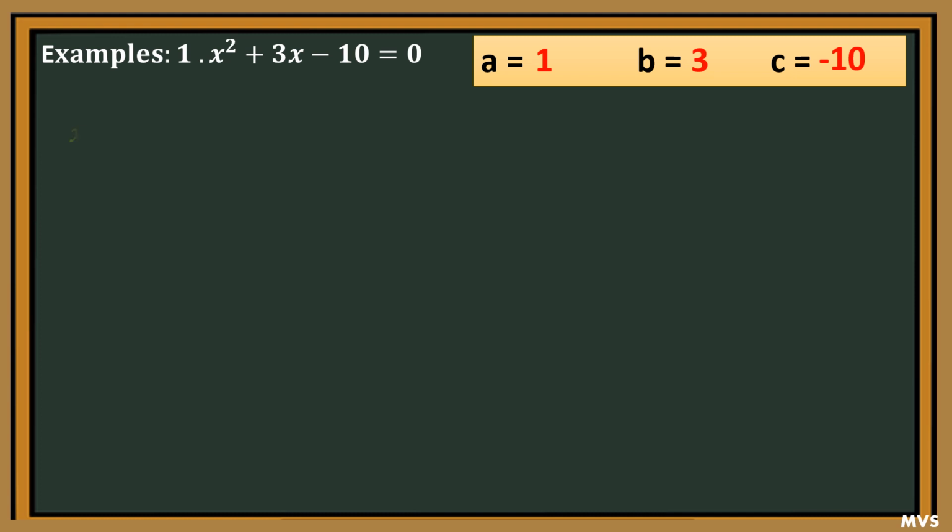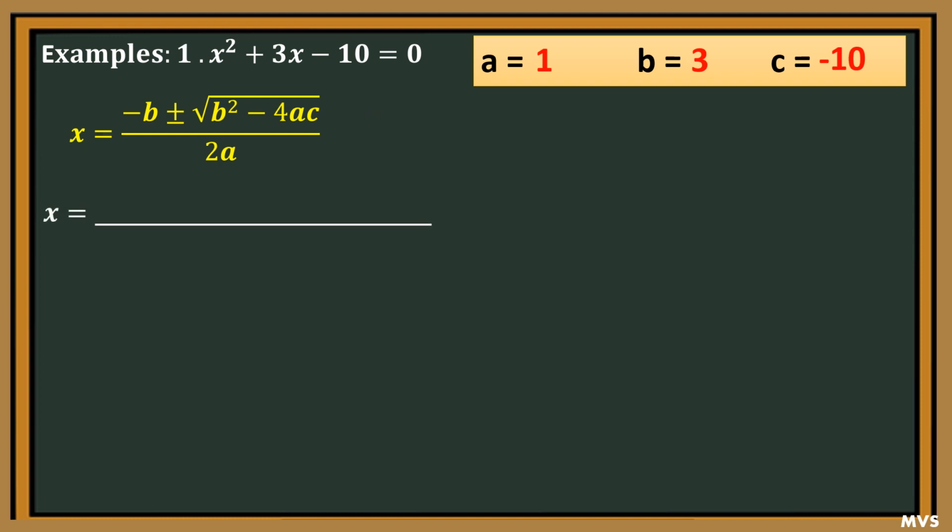Then we're going to use the quadratic formula by just using the values of a, b, and c. We'll have now x is equal to negative, then what is the value of b? Positive 3. Then copy plus or minus and the square root.